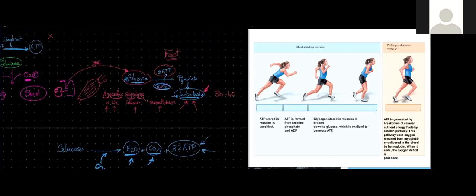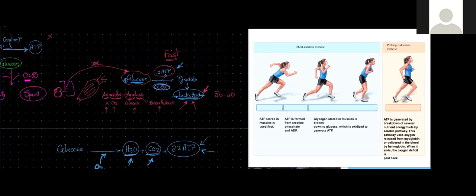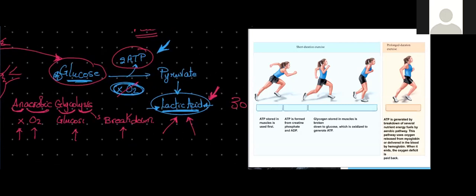Again, how many ATPs were produced per glucose molecule in an anaerobic condition, if I did break down the glucose without oxygen? I'm producing 2 ATPs.